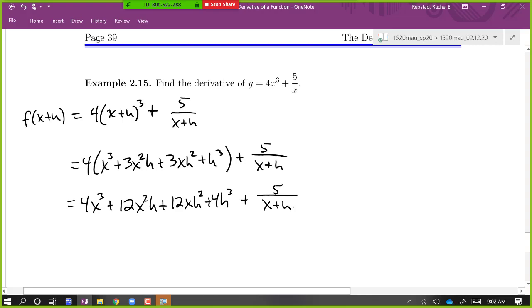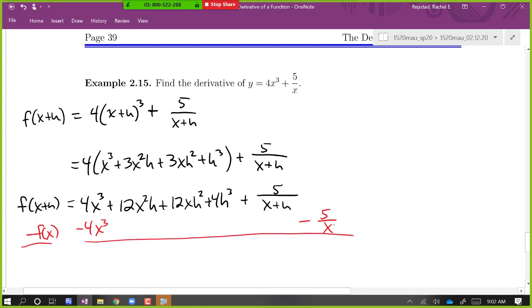We want to subtract the original function. So that means that we're going to subtract 4x cubed and then subtract 5 over x. The 4x cubes actually cancel, right?